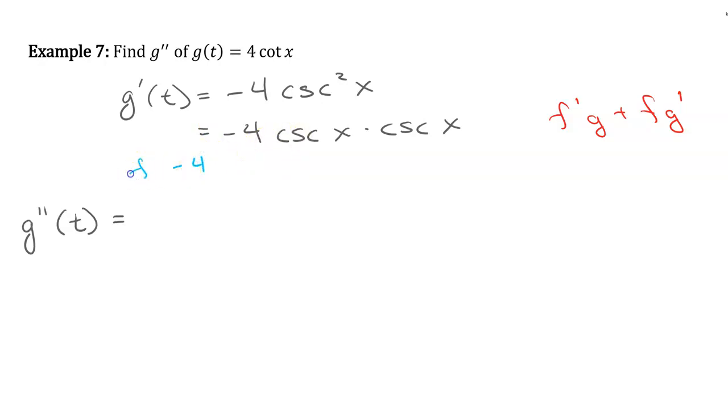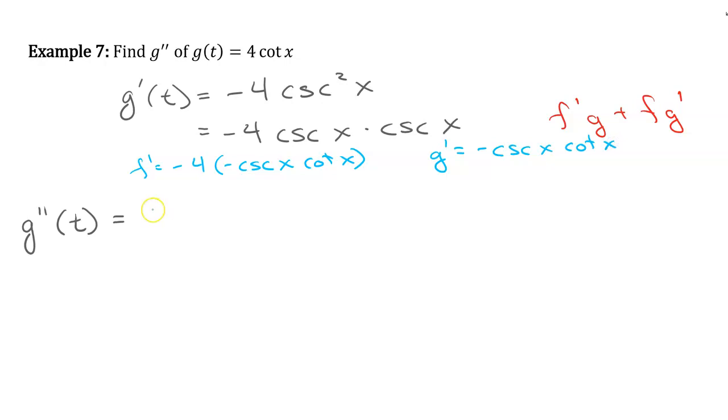So how about this? There we go. We'll do this the long way. There's no problems with the long way. And then g prime would be the other one without the 4.